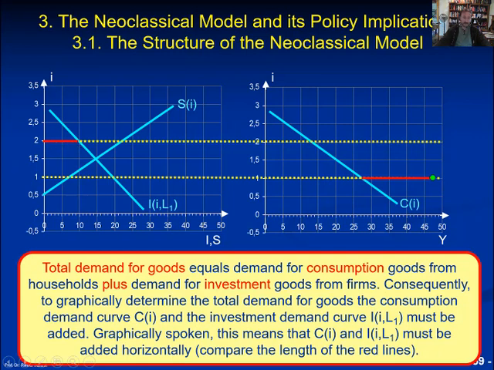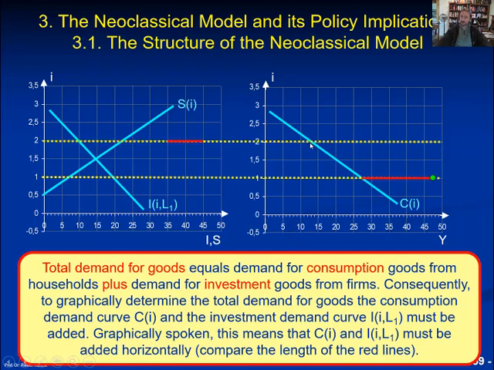And now we have to add this line segment to the consumption demand at an interest rate of 2%. This point here, in order to receive the total demand at an interest rate of 2%.